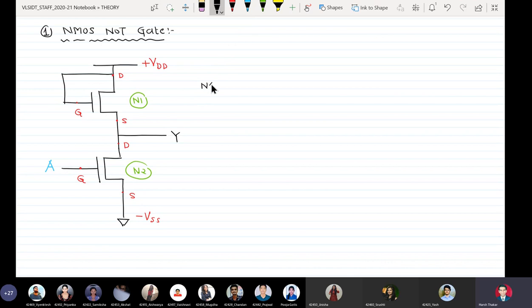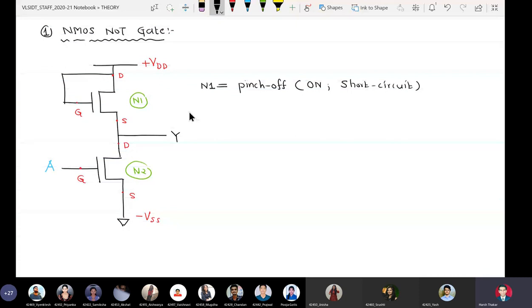N1 is in pinch off, so it is acting as on. N1 is permanently on. It is in pinch off, it is on, acting as a short circuit.